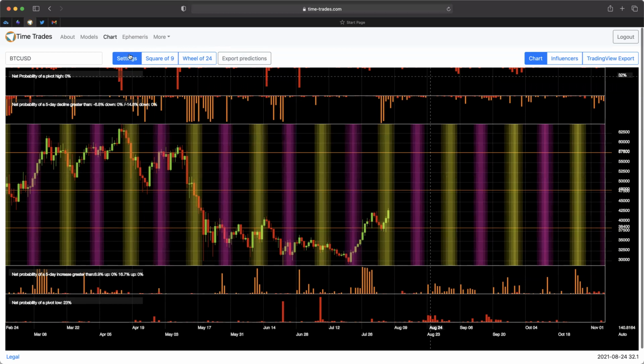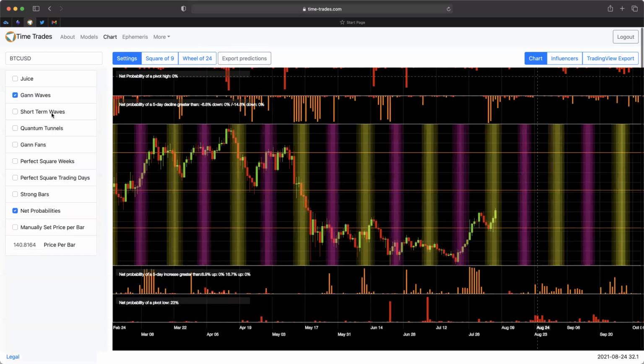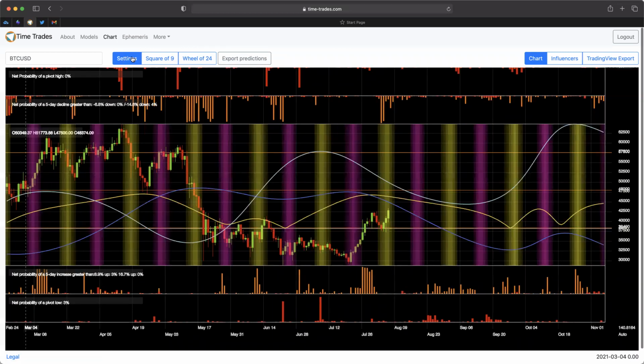The other thing too is if you turn on the short-term waves, so let's just do this here. By turning on short-term waves, what I like to look for is, are there any inflection points coming up? Because we see here that when light blue tends to make a bottom and dark blue tends to make a bottom or a top, when either of these make a pivot or change direction, then that tends to be a signal.